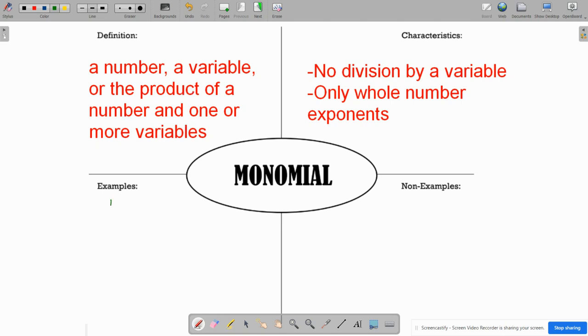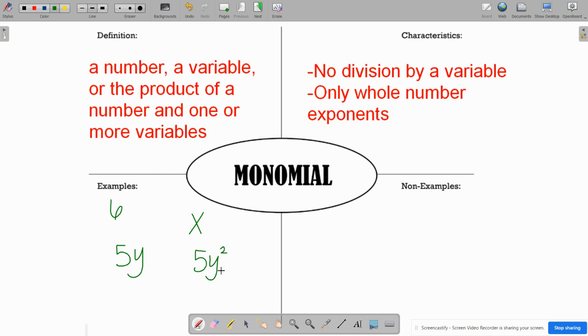So a number like 6, that's a monomial, or a variable like x is a monomial. We can also find the product of a number and one or more variables. So for instance, 5 times y, 5y would be a monomial. If I wanted to do 5 times y, that could be 5y squared.